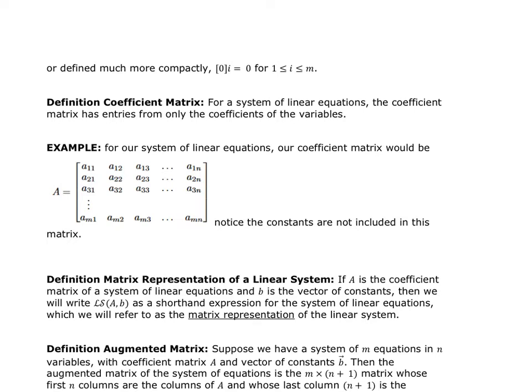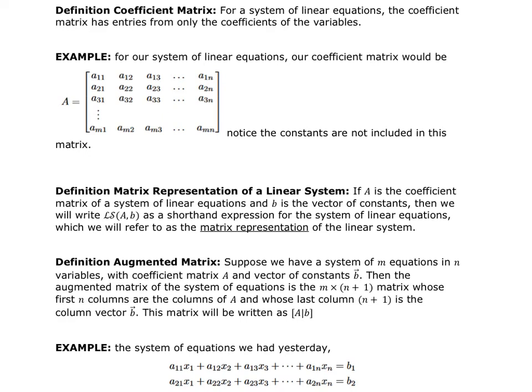Now this may or may not be a square matrix. It's a square matrix if I have the same number of variables as I do equations. If I don't, then it will not be a square matrix. It'll just be a rectangular matrix.